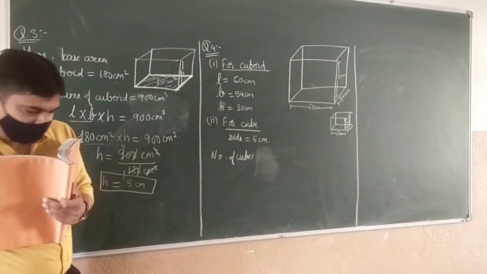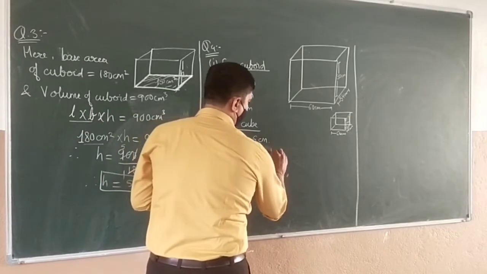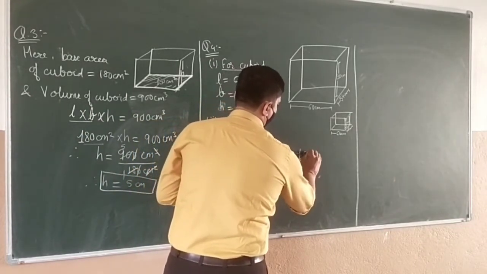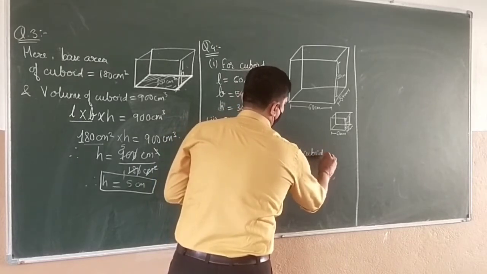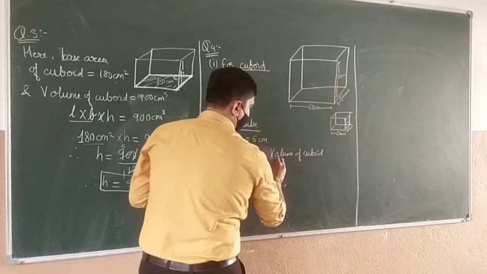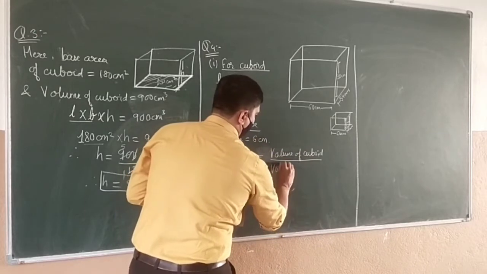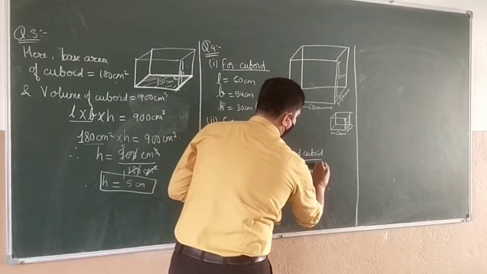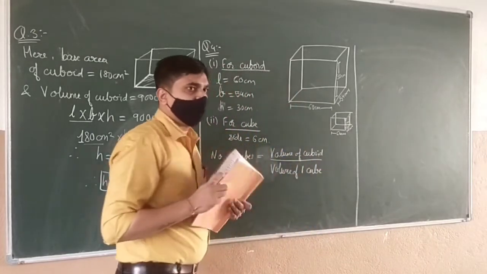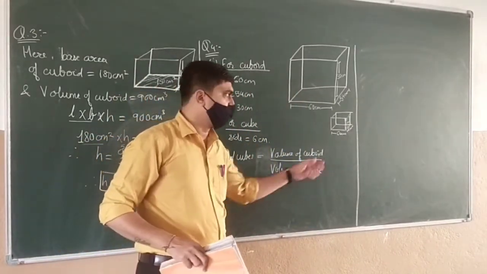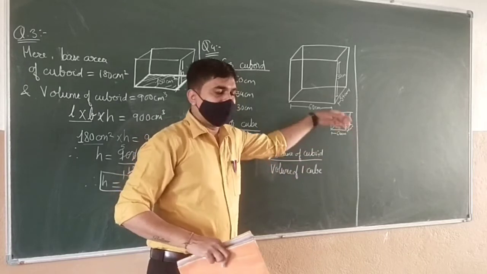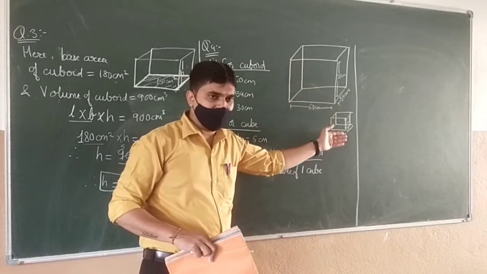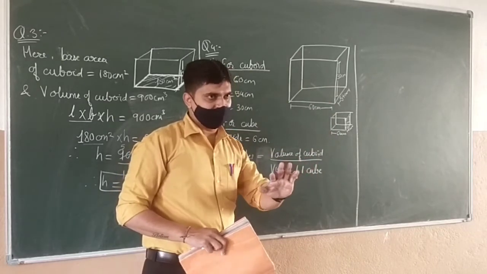Number of cubes is equal to volume of cuboid, that is this one, divided by volume of 1 cube. If we divide the volume of the cuboidal box by this smaller cube, you will get the answer.